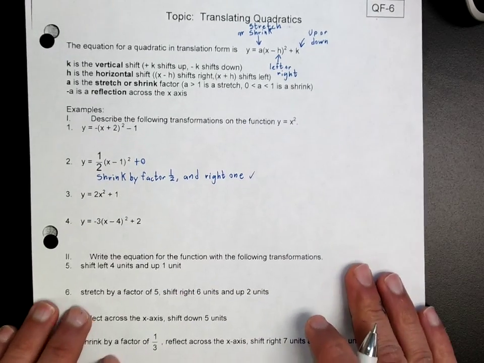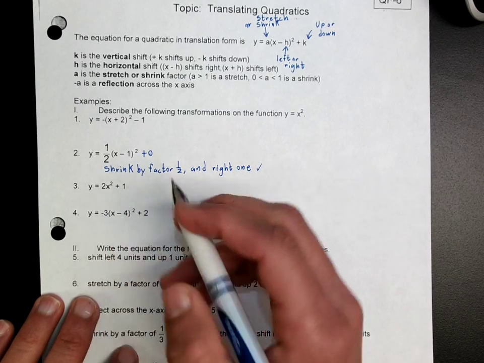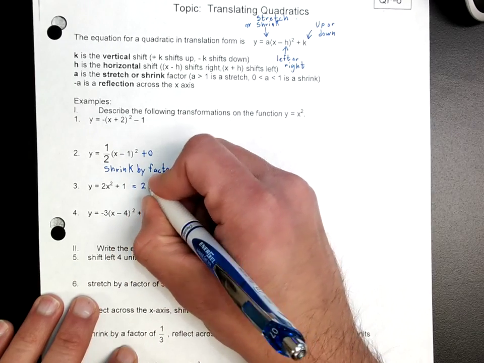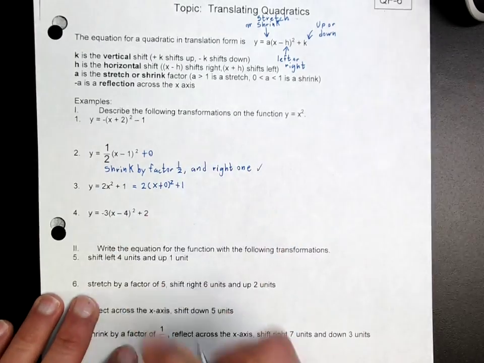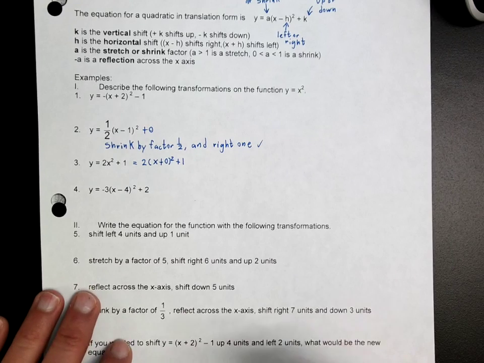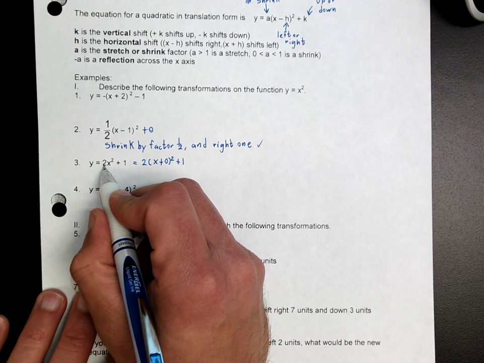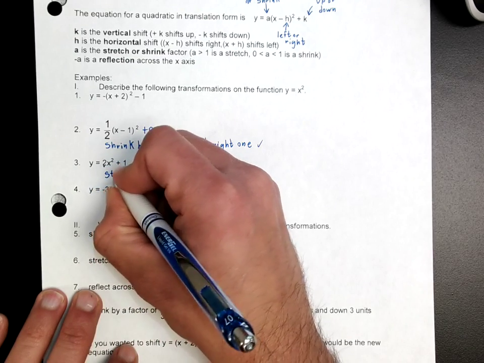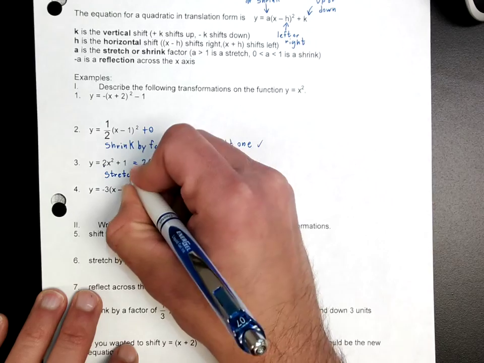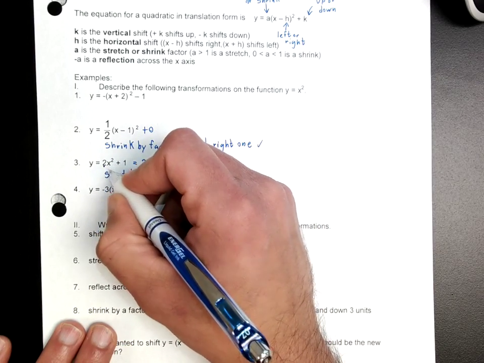Now, on this one right here, that may look different, but it's basically the same problem as having something like this, 2x + 0 squared + 1. So if you see something like this, that's how it works. So on this one, because this number in front of the x squared is bigger than 1, then that actually means that this is stretching. And that's the only reason it's stretching, is because this number right here, number 2, is bigger than number 1.